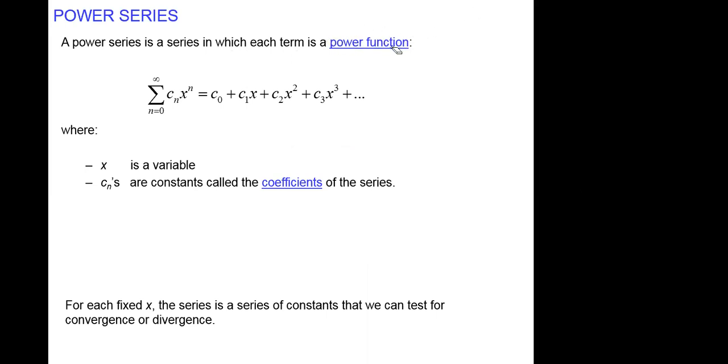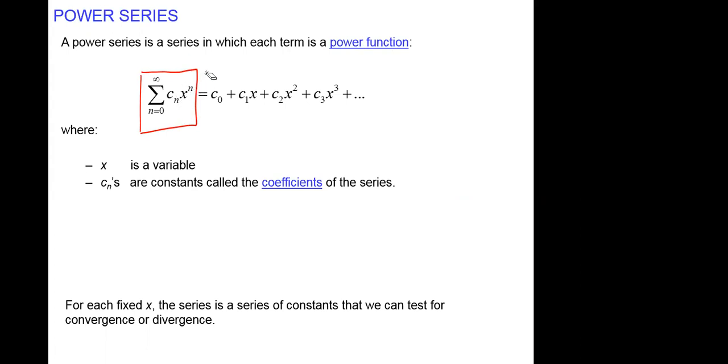The power function is like a polynomial with, in this case, infinitely many terms, because a power function contains x to the power of a number: x to the power of 1, 2, 3, 4, and so on. The general formula is the coefficient c sub n, because each term should have a coefficient, and then a power form, x to the power of n.